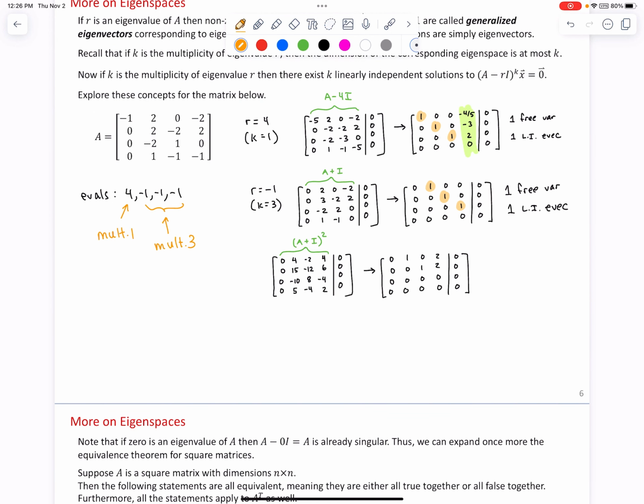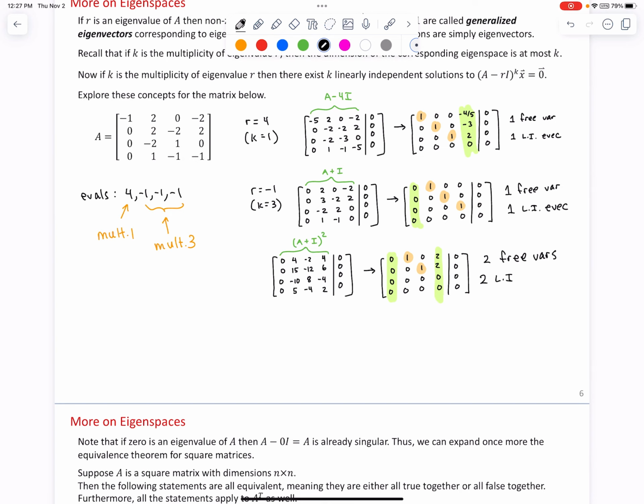Notice this time we have only 2 pivot positions, so the first column and the fourth column represent free variables. So we have 2 free variables, which means we would be able to find 2 linearly independent solutions, and these would not be eigenvectors any longer because we've now done a power of A + I as opposed to just analyzing A + I.